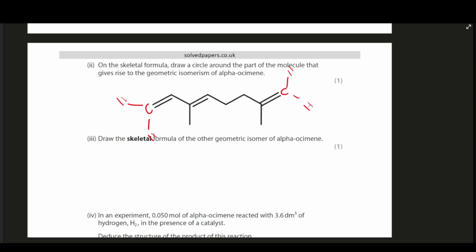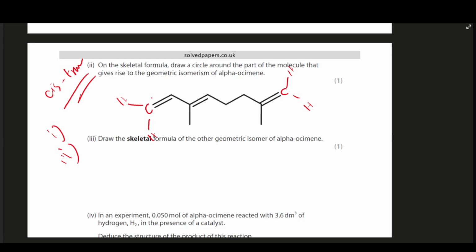And if you have a clear and sharp idea about geometric isomerism, particularly cis-trans isomerism, there are two conditions. What are the two conditions for cis-trans geometric isomerism to happen? Well, the first condition is pretty simple.